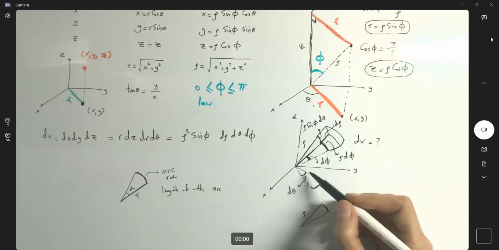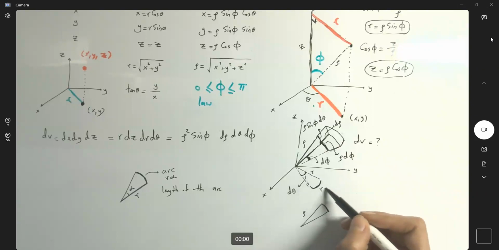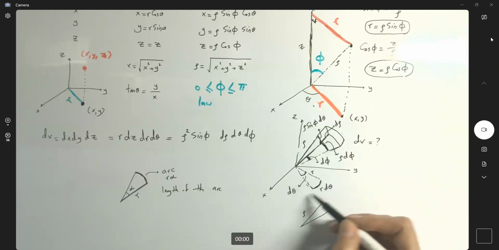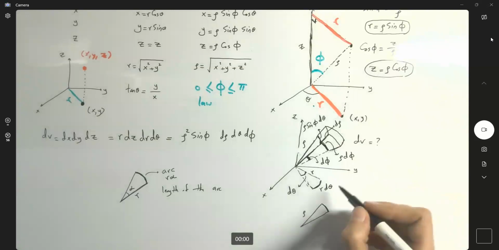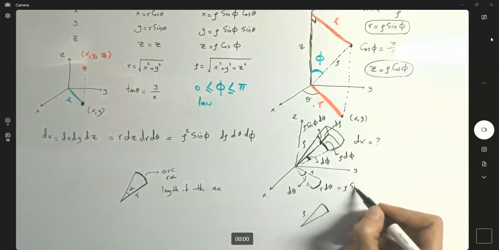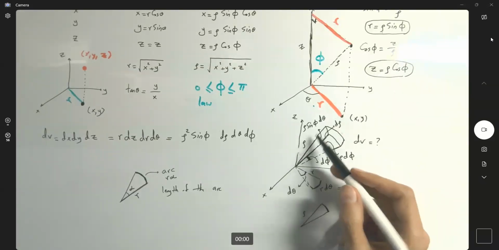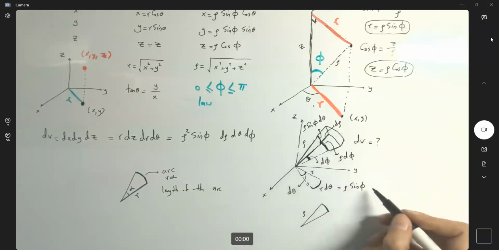Since you have d theta, and this guy is your r, you have r d theta as the length down here. But what's the definition of r? r is defined as rho sine phi. So here you get r d theta, which is rho sine phi d theta.